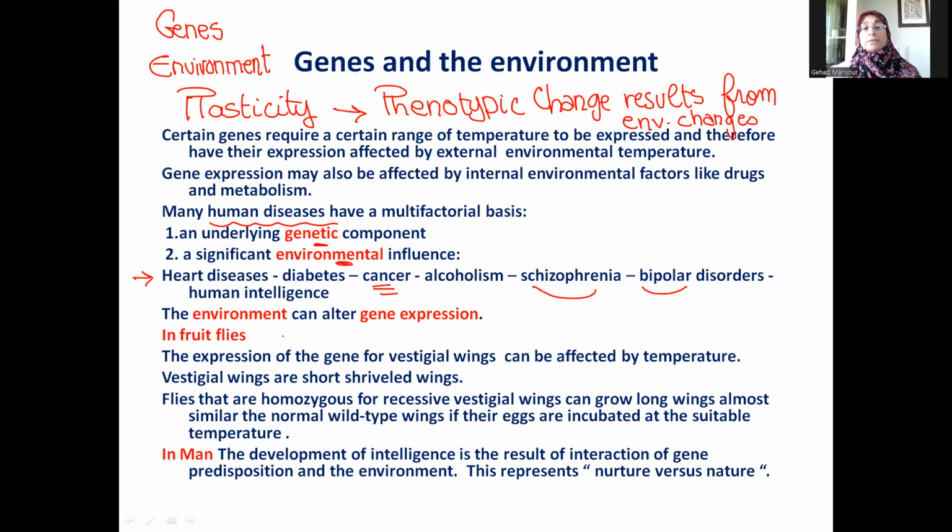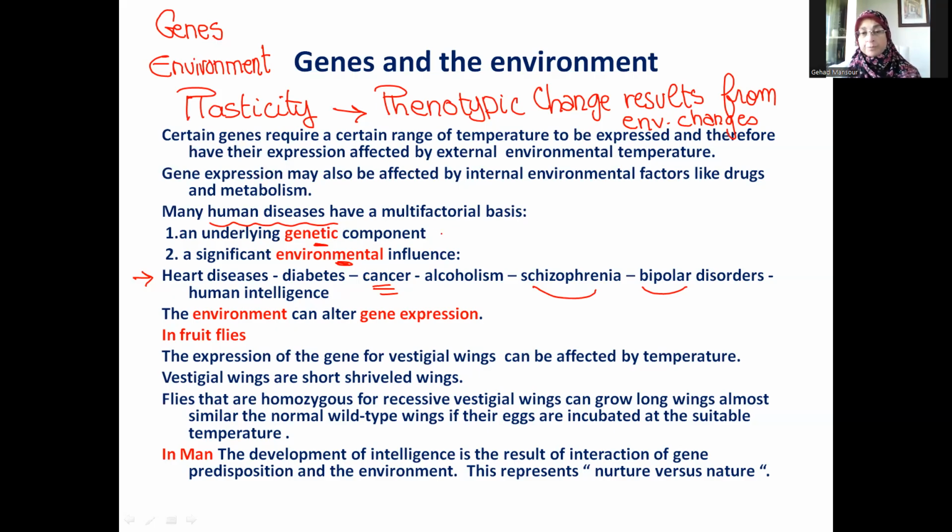Okay, so the environment can alter gene expression, as we said, and this is what we call plasticity. For example, in fruit flies, we have two types of wings, as you know, the long wings and the vestigial wings. And as we will see in several genetic problems, the vestigial wings are recessive, and the presence of the long wings is controlled by a dominant allele. So the dominant allele is expressed as long wings, whereas the recessive allele is expressed as vestigial wings.